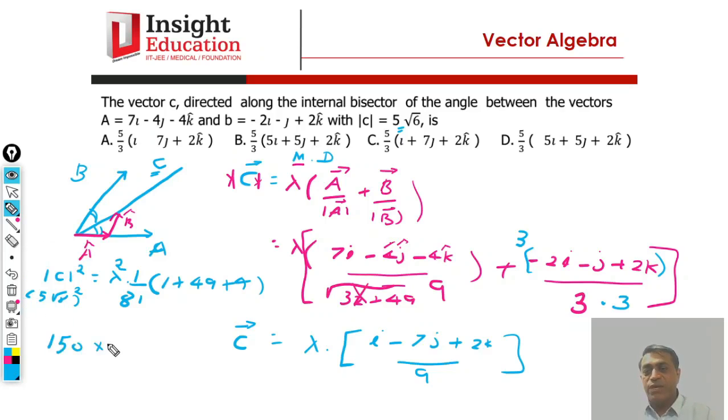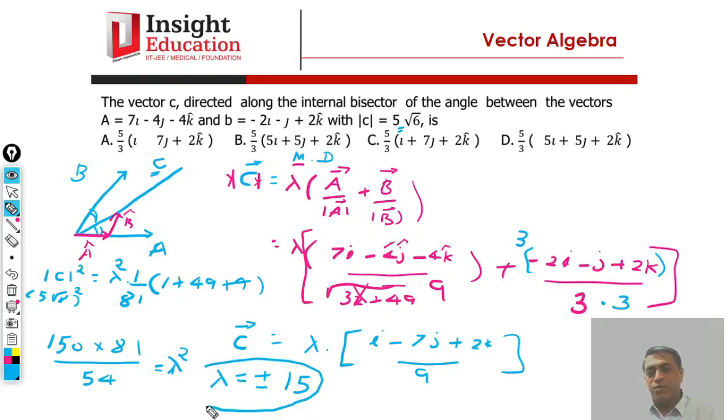So 150 into 81 divided by 54 is equal to lambda square. When you divide it, you get lambda equal to plus or minus 15.